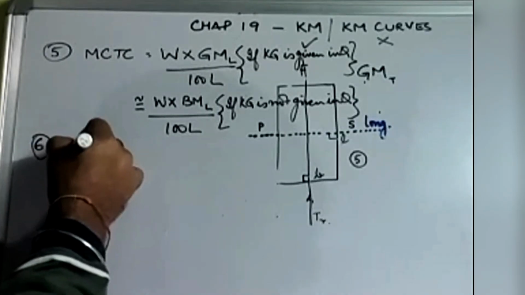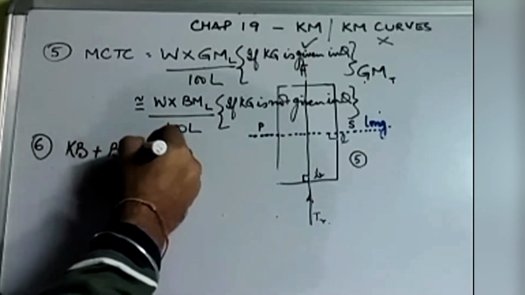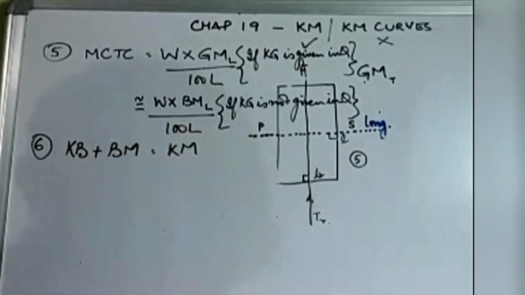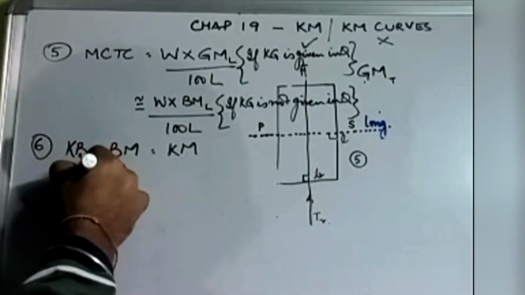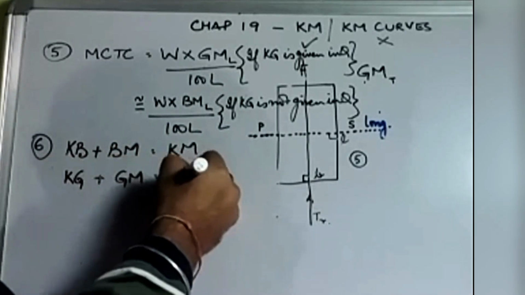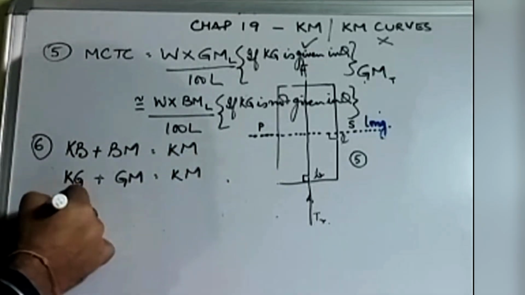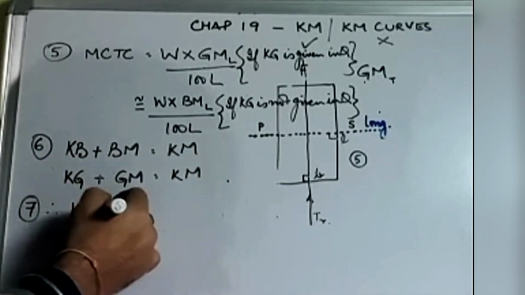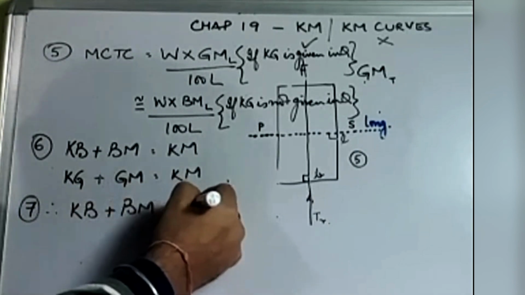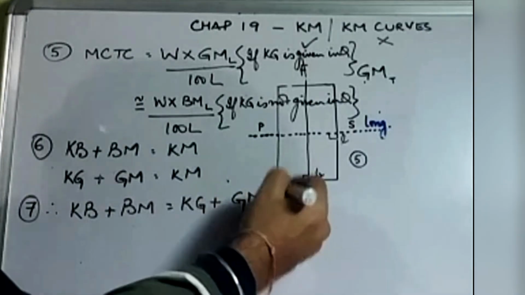So now, what is the use of this? KB plus BM is equal to KM. Similarly, KG plus GM is equal to KM. Therefore, what do I get? KB plus BM is equal to KG plus GM.